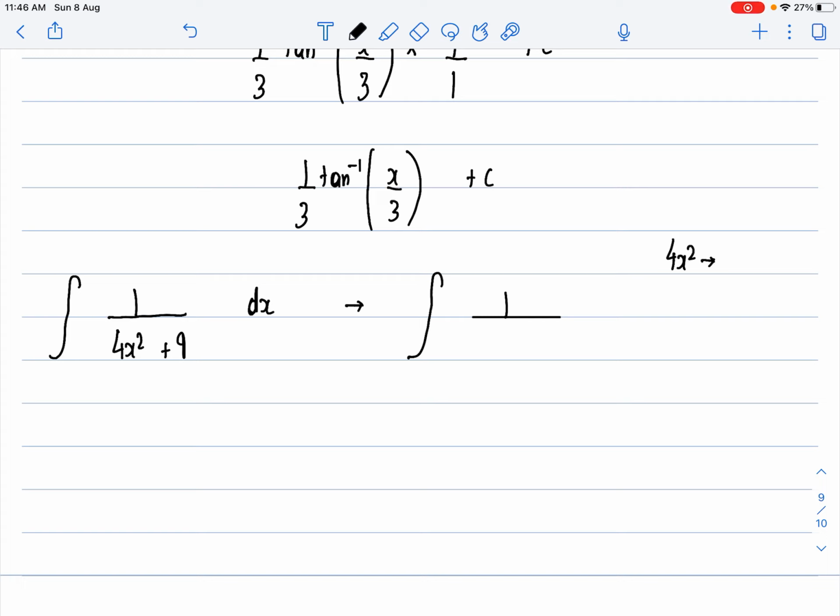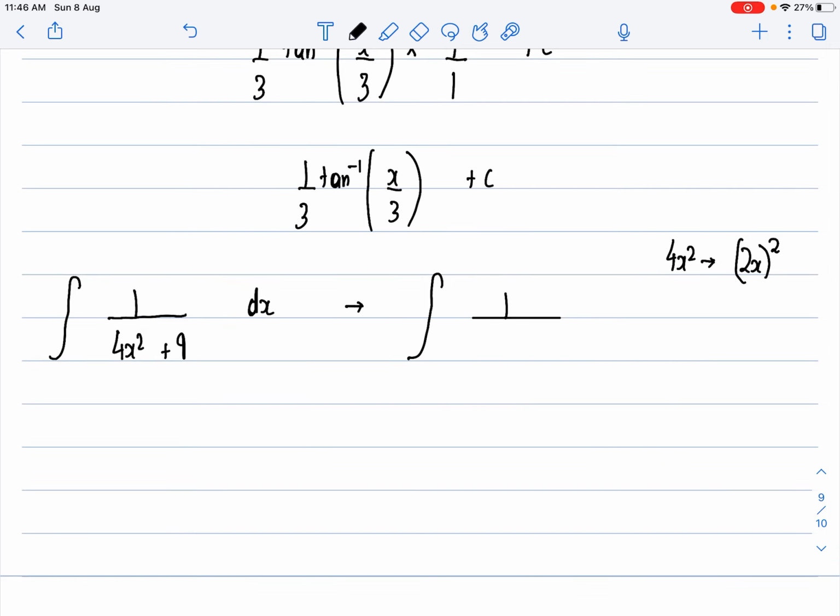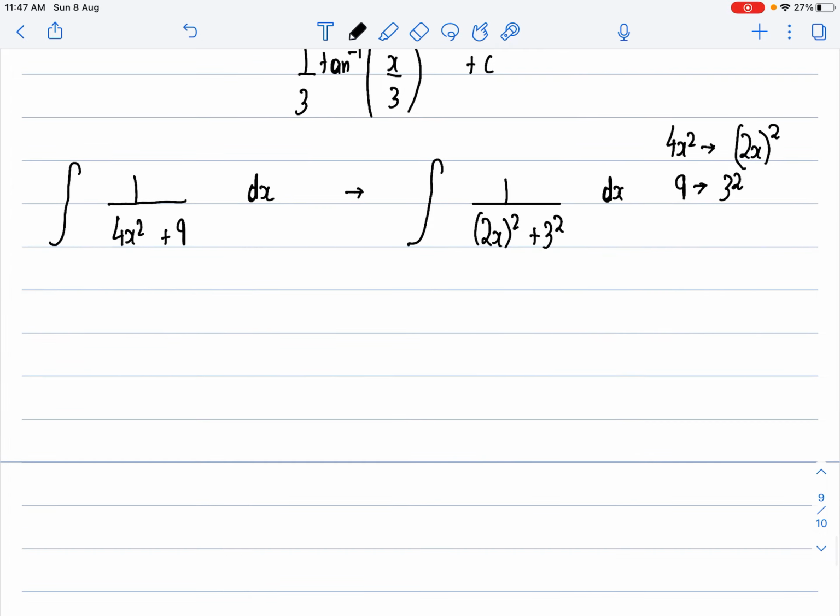I know 4x square can be written as 2x the whole square, because 2 square is 4 and x square is x square. So instead of 4x square, I can write 2x the whole square plus, I know 9 in a square format can be written as 3 square. So I write 3 square dx here. So this is in the proper format.